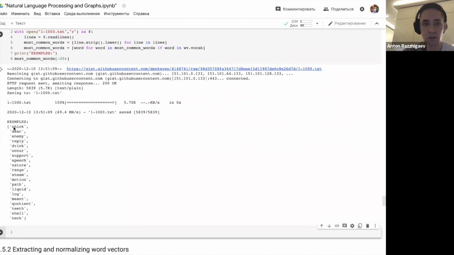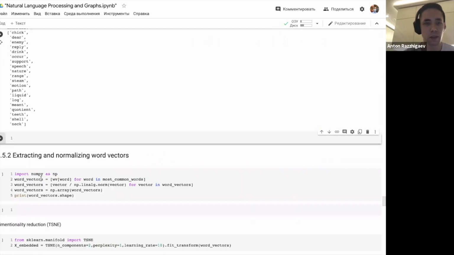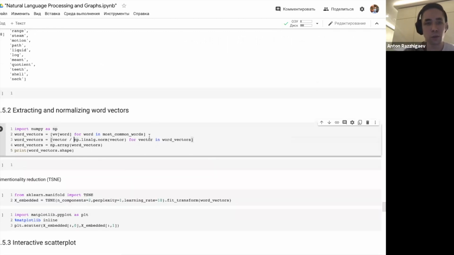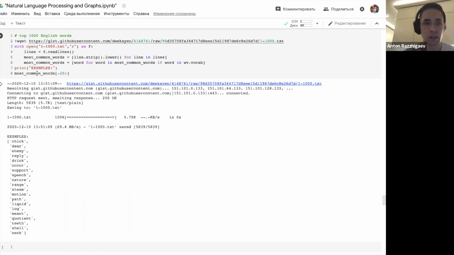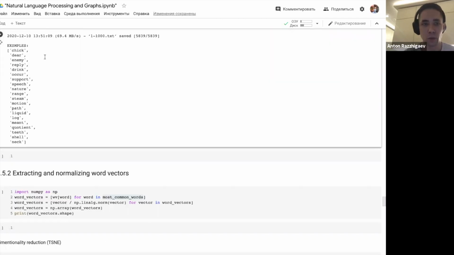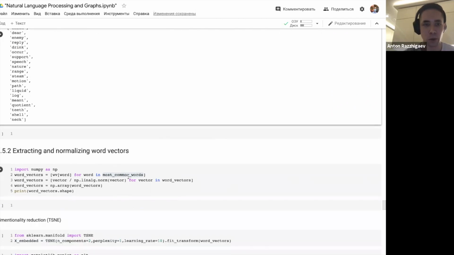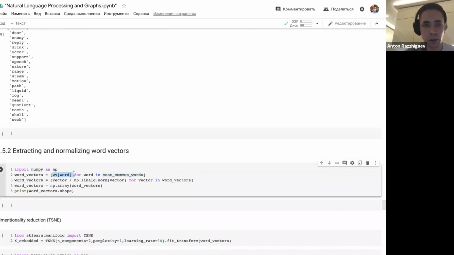These words are most common, like chick, deer, enemy, teeth, etc. Now let's calculate word embeddings for all these words. At this line, we iterate through our list of most common words. It is our downloaded list of words, 1000 words, and calculating or extracting vectors from lookup table.